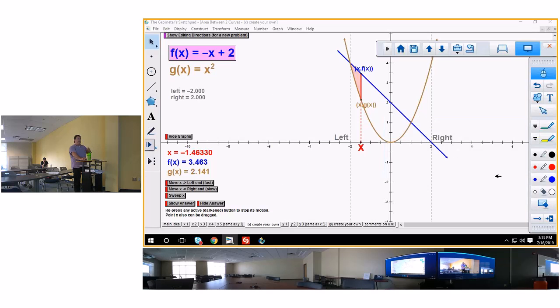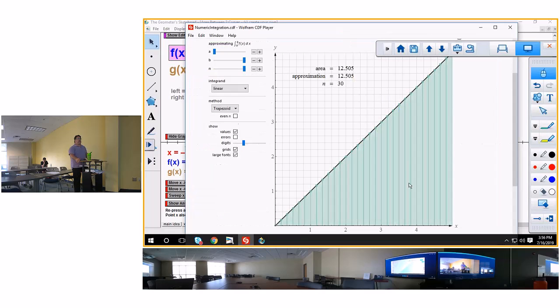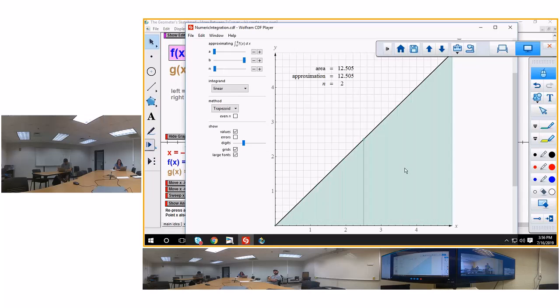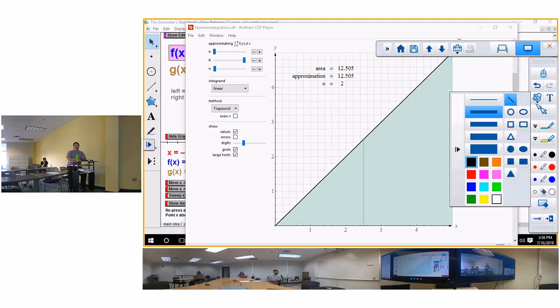All right. Now, let's go back to the Wolfram. Looking under a triangle, like this triangle in green, I can get my area by using two triangles, this triangle and this triangle right here.